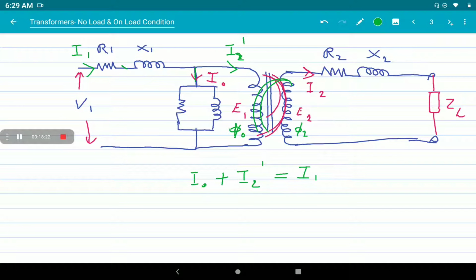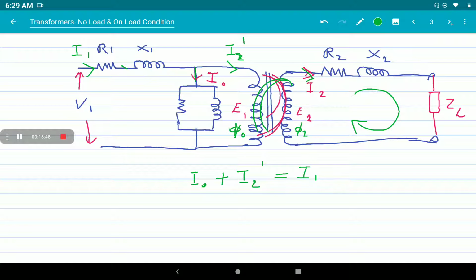Now if we connect a load, it is a closed circuit on the secondary side. When a closed circuit is there, current will flow through it. I2 will flow through the secondary winding. We assume I2 is the secondary current. When a current flows through the secondary winding, it produces a flux. That extra flux will link with the primary also, but the produced flux opposes the primary flux.